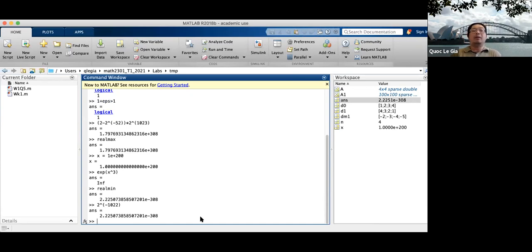But then, why is realmin not equal to 0? Why is realmin some very small number, but still positive? I mean, this one is a small number, right? 10 to the minus 308, still very small, but still positive.